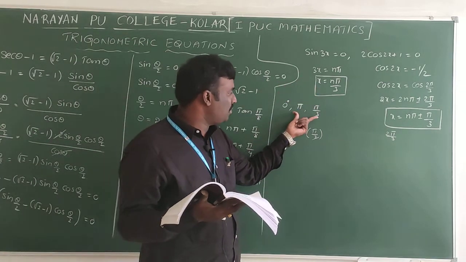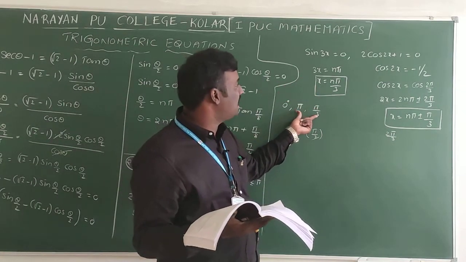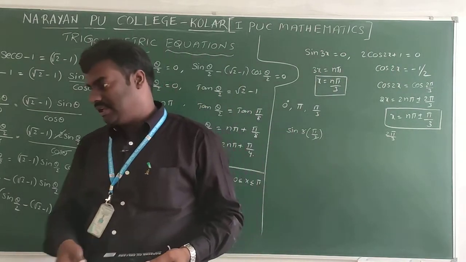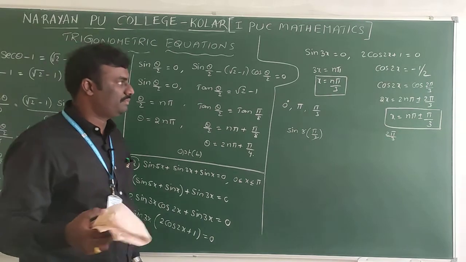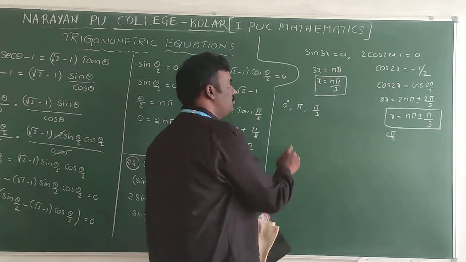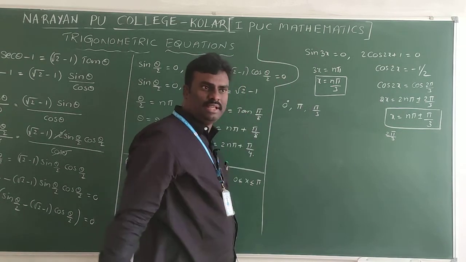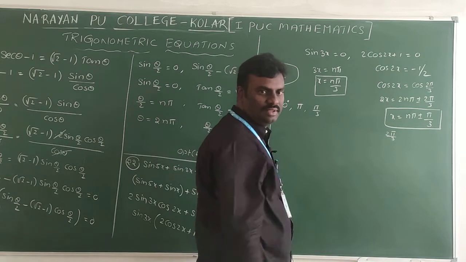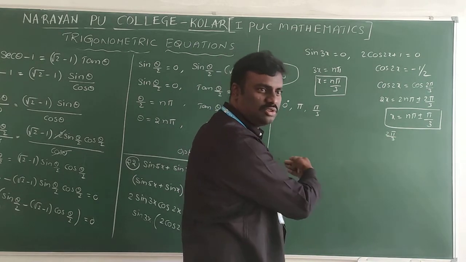What is the value we are taking? This value will satisfy both condition number 1 as well as condition number 2. See, if you take 0 and substitute here, 0 is possible here, yes, sin 0 is 0. But don't substitute 0 here. These solutions are different, these solutions are different.